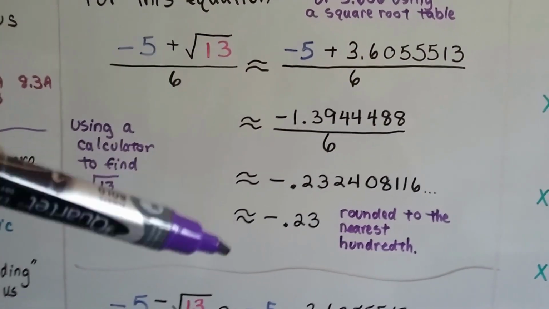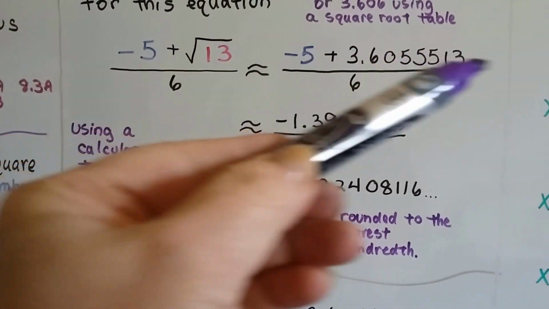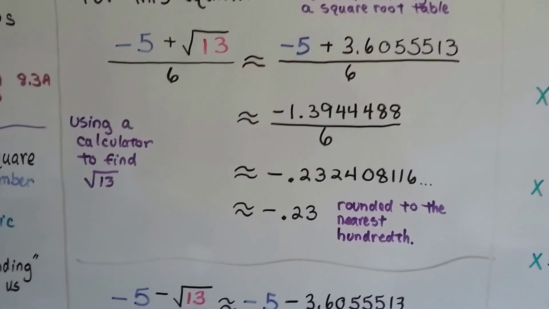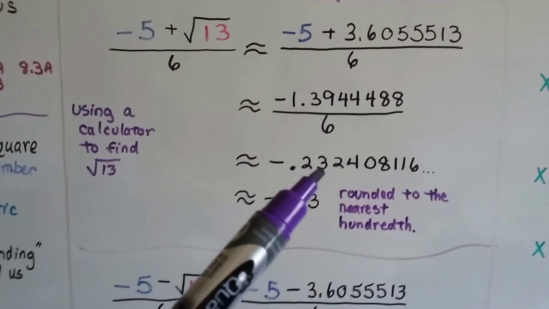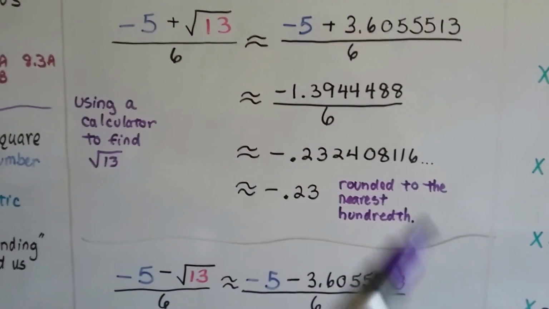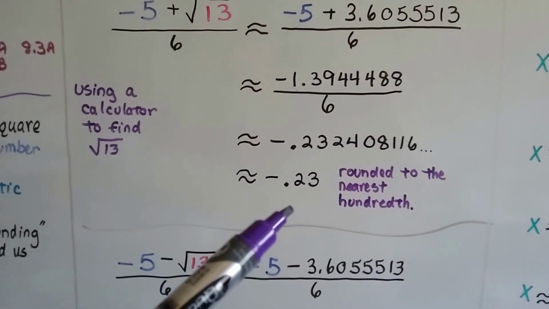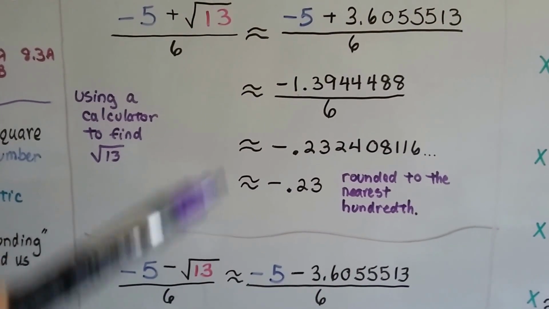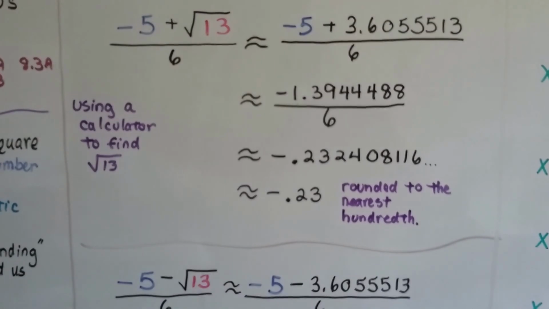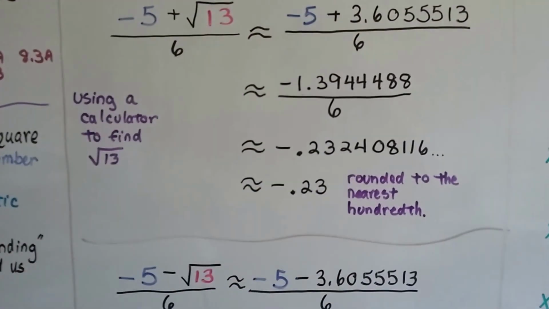We're using the approximate sign because this decimal really goes on longer, so it's not exact. And we come up with a negative 0.232408116, and it goes on. Rounding it to the nearest hundredth, we get a negative 0.23. So it's easy to just use the calculator or the square root table to do this very quickly.